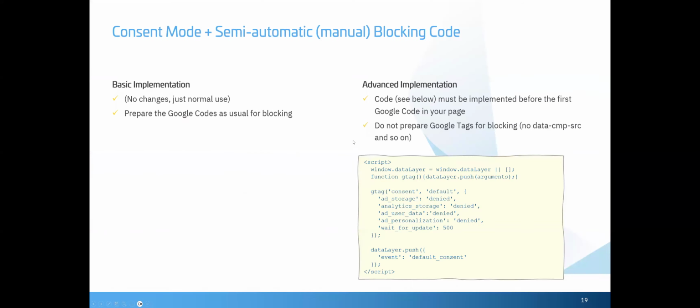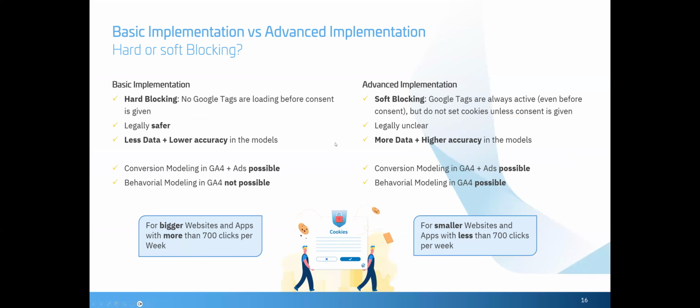One more question. What is the difference between basic and advanced implementation? Let's go quickly back to this. Basically, basic implementation is hard blocking, advanced implementation is soft blocking. Hard blocking means no Google tags on the page before consent is given. So we only activate Google if consent is given. The advanced implementation is the soft blocking, where the Google tags are always active, even before consent is given.